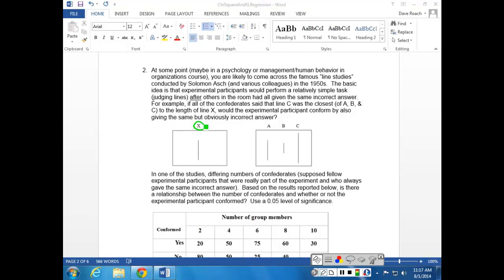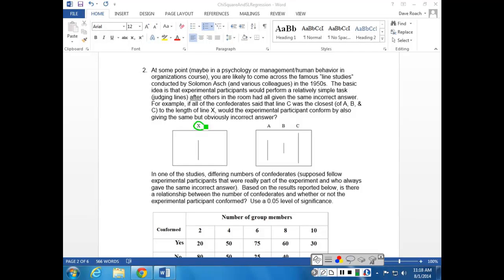If you just ask people that individually, like 99.9% of people would get that right. So what he wanted to look at, he was trying to go counter to an existing theory that said people bow to social pressure. But this is one of the most famous studies for showing that people do bow to social pressure.